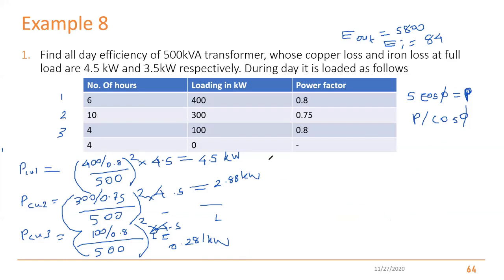Now I know the copper losses. These copper losses happen for 6 hours, 10 hours and 4 hours respectively. Therefore the energy loss as copper loss, E copper, I can write as 4.15 for 6 hours, 2.88 for 10 hours, and 0.281 for 4 hours.